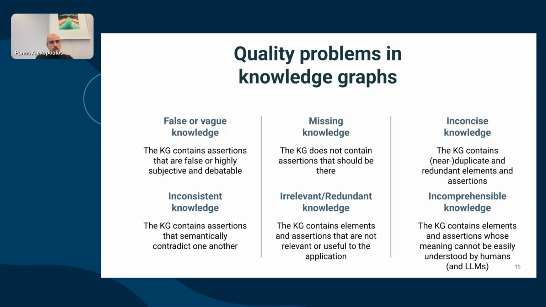The first potential issue is having a knowledge graph that contains assertions, facts that are plainly false, or if not plainly false, highly subjective and debatable, right? So, for example, let's say that we have a geographical knowledge graph that links countries to cities, and it says that the capital of Greece is New York, right?